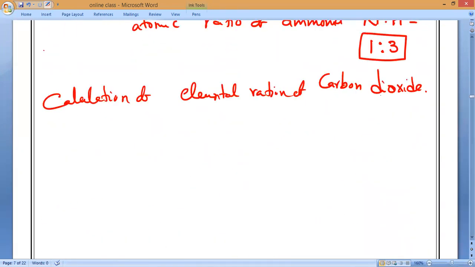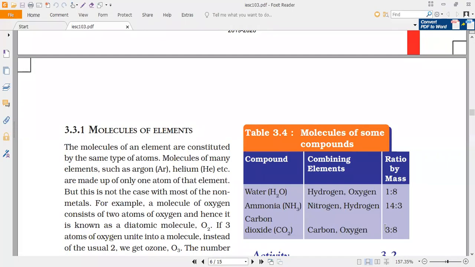Next, calculation of elemental ratio of carbon dioxide. Again, mass ratio. See from the book. What is the mass ratio of carbon dioxide? It is 3:8.